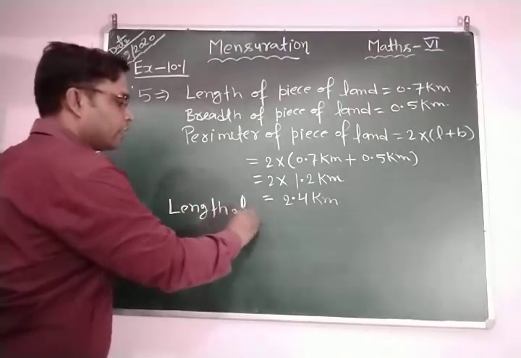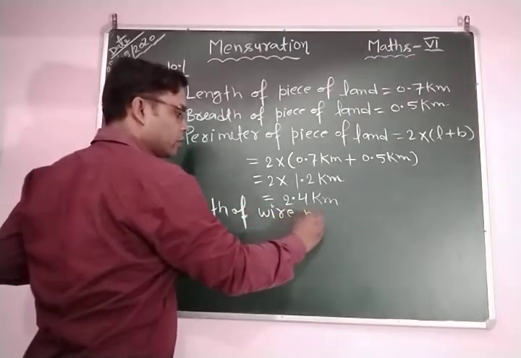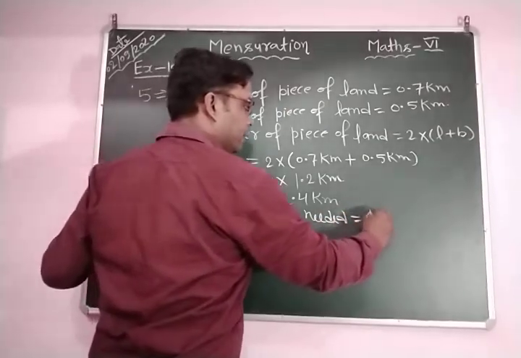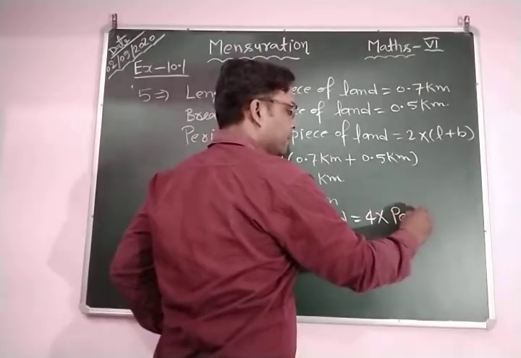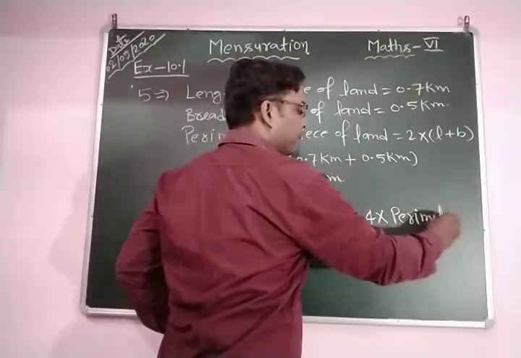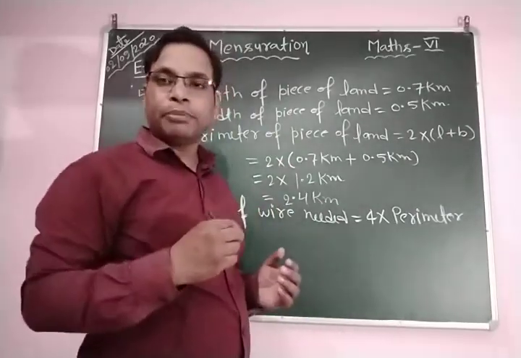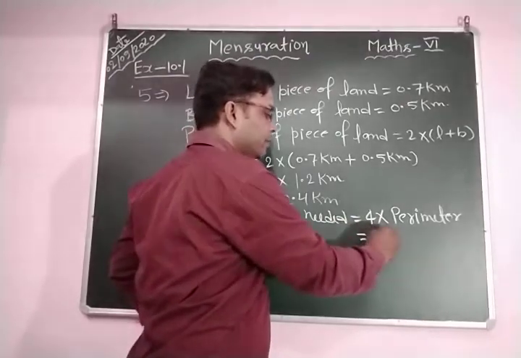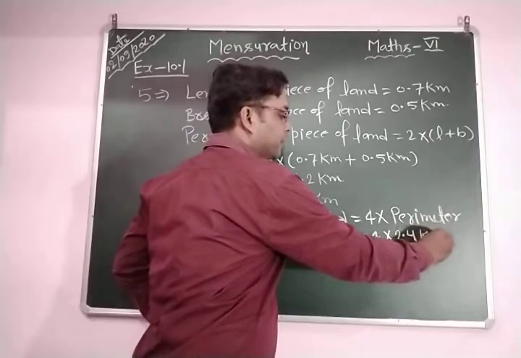Length of wire needed is equal to 4 into the perimeter of the piece of land. Here you found the perimeter of the piece of land, so this is equal to 4 into 2.4 kilometers.